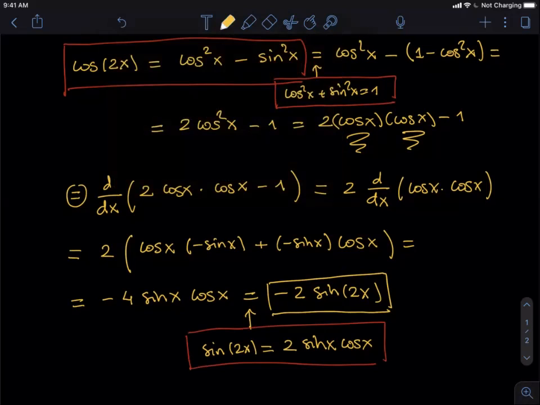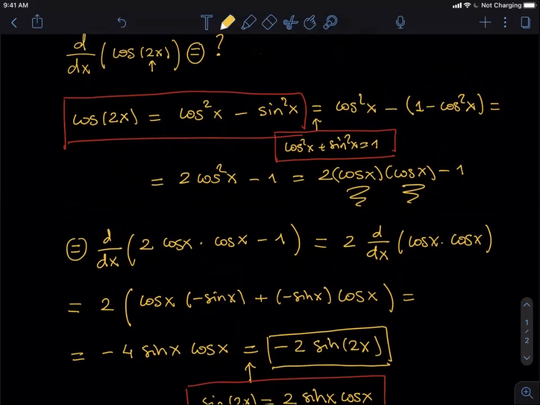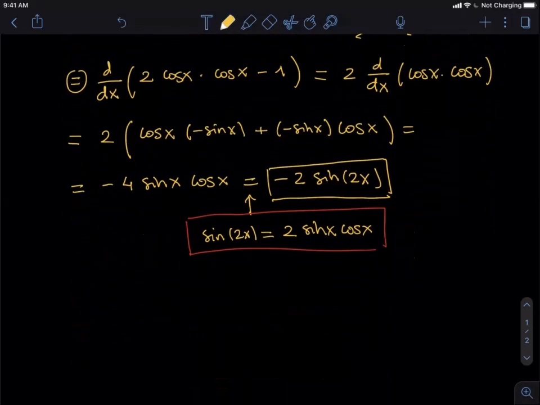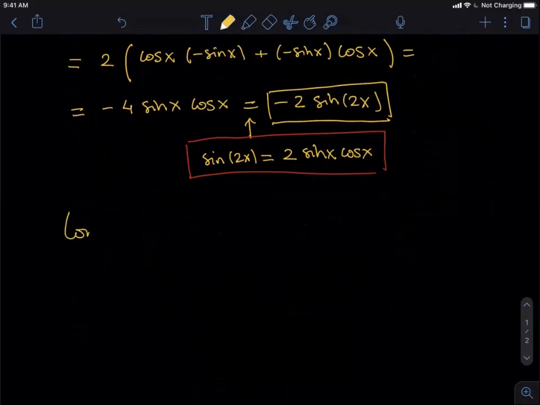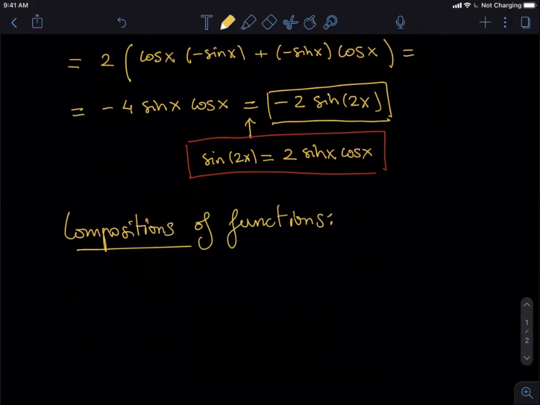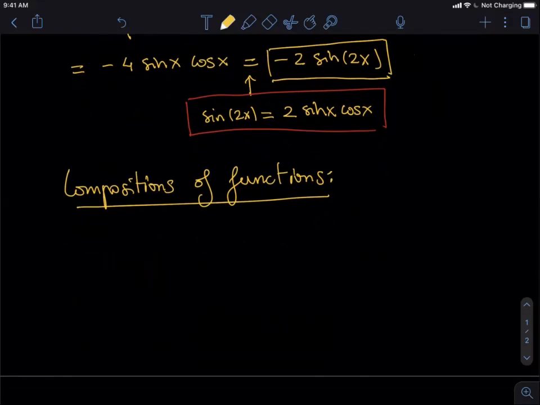Okay. But coming back to the original question, we need to figure out some method that works for compositions of functions. Okay, what do I mean? Well, in this case, I have the cosine of 2x. So this is a composition of two functions, right?